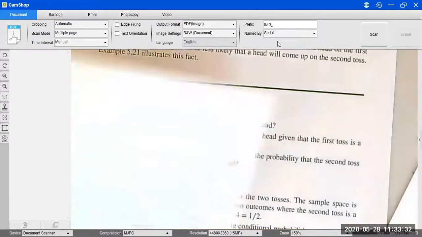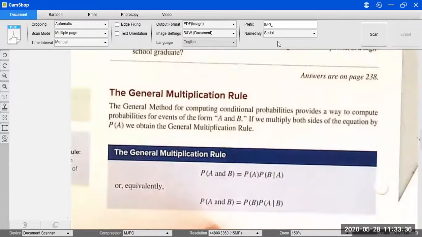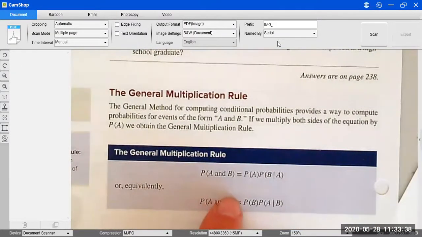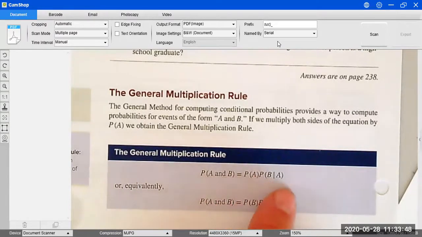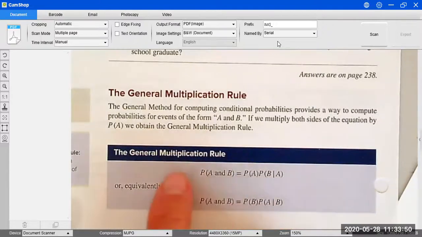Then we have the general multiplication rule. The general multiplication rule is written here in terms of the conditional probability. The probability of A and B is going to be the probability of A times the probability of B given A. The multiplication rule is used all the time that you have the AND operator.